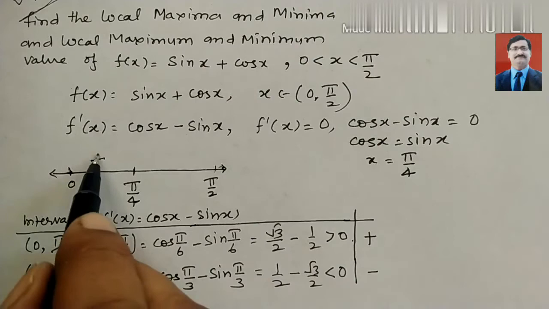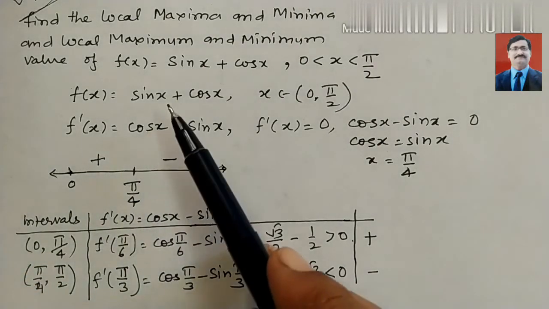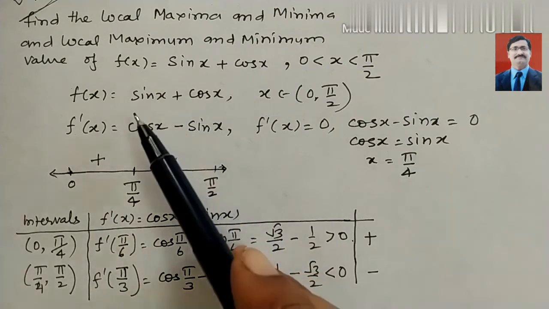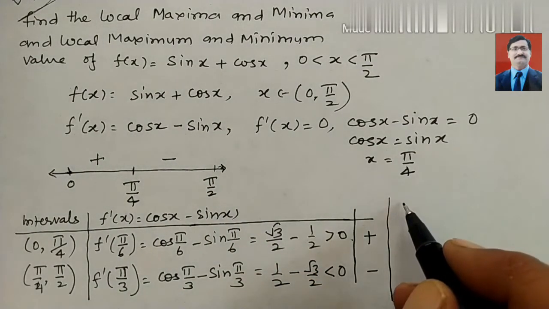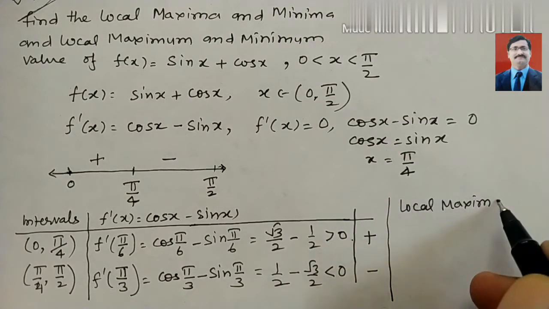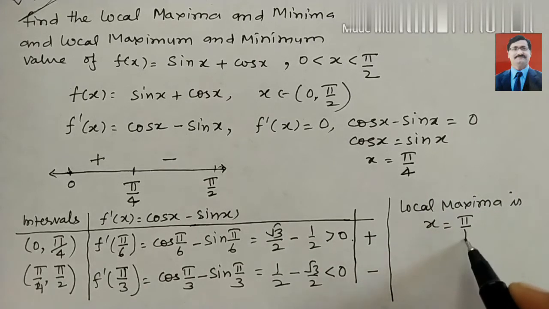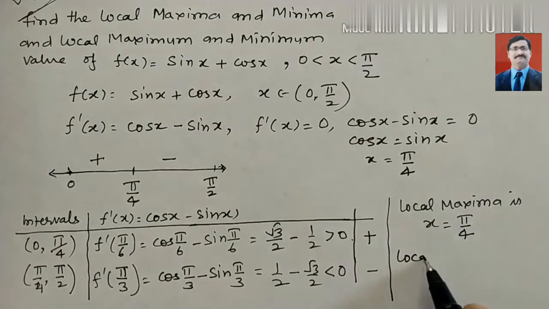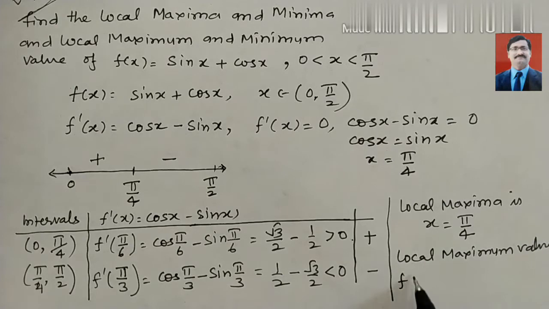So you can check here this is positive and this is negative, which means the function is increasing here and decreasing here, so this is a maxima. So we can write the local maxima is at x equal to pi by 4, and the local maximum value is f of pi by 4, which we can find.